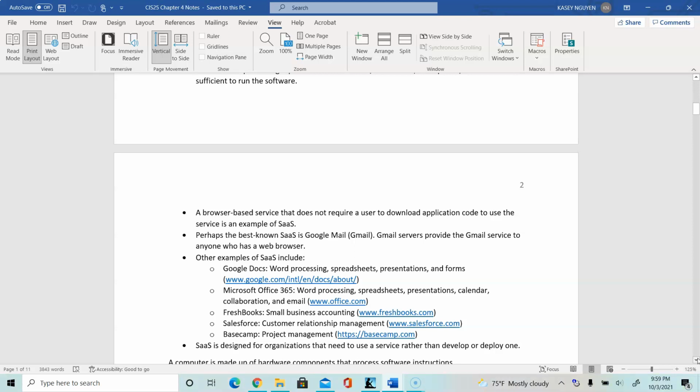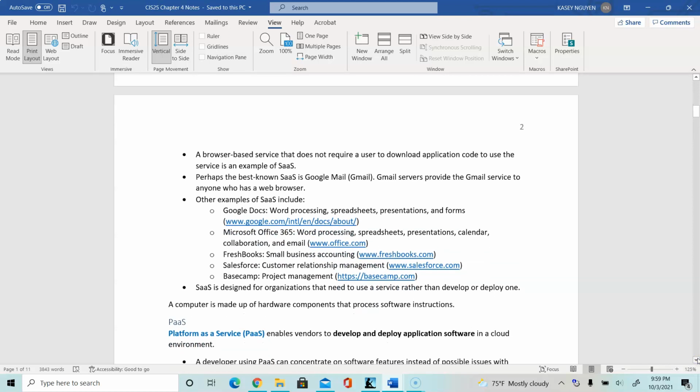Another good example would also be Microsoft Office 365, where the user can log in and be able to create Word documents, spreadsheets, presentations on PowerPoint, use their calendar, and so on. There are other examples such as Expressbook, Salesforce, Basecamp. So those are some of the type of software applications that would be available via cloud services.